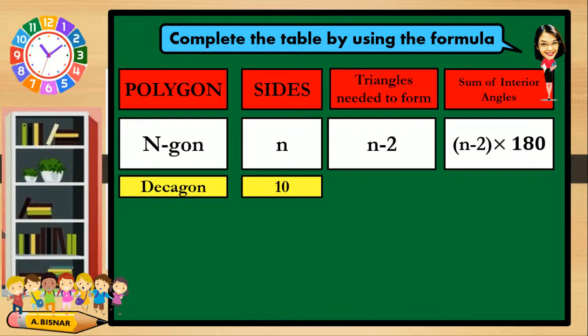After you subtract, you will multiply it by 180. Kambal ba kayo, Abby and Aryan?